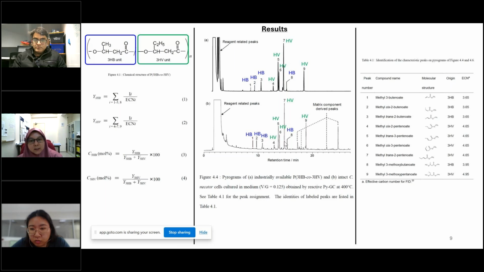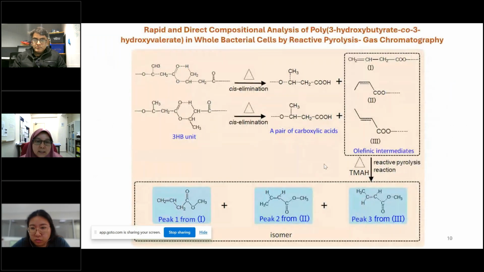We have successfully analyzed this biodegradable polymer, and we can calculate how many percent of HB unit and how many percent of HV unit are inside the bacteria cells. This is basically in detail. If we have some time, I will cover this part later on. So I will skip this slide.